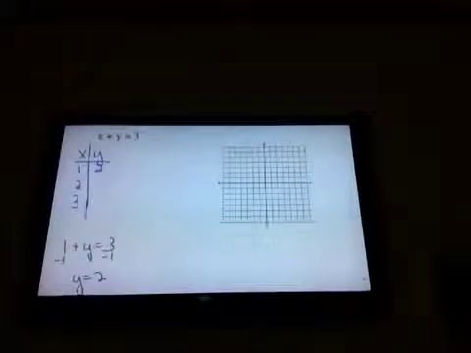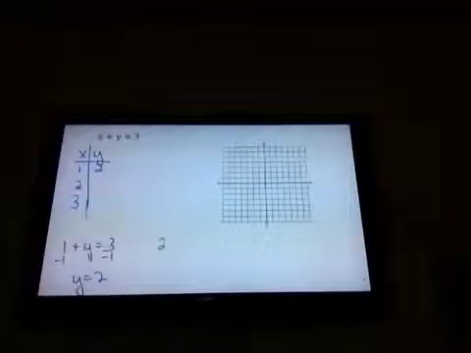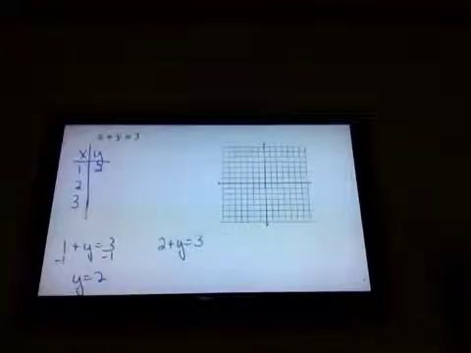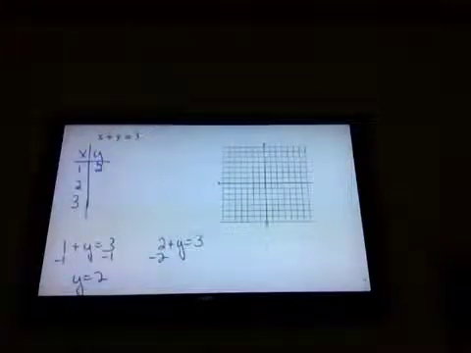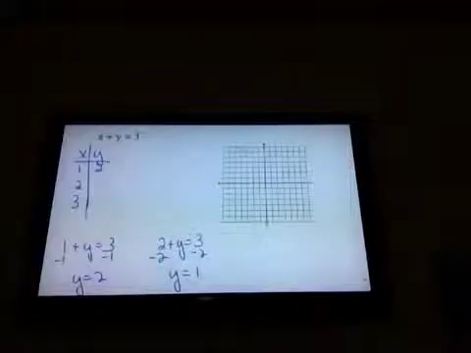So now I'll plug in 2. X is 2. So 2 plus y equals 3. Get your y alone, subtract the 2, and y equals 1. So when I plugged in 2, I got 1 for y.